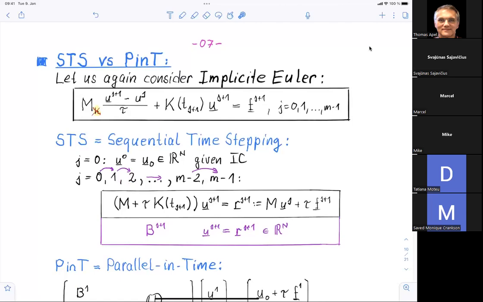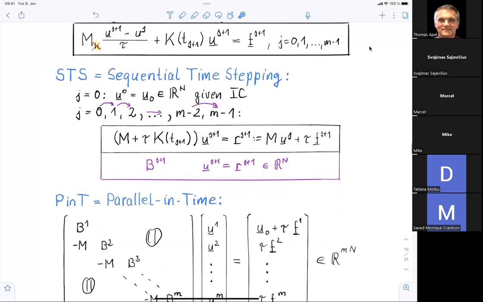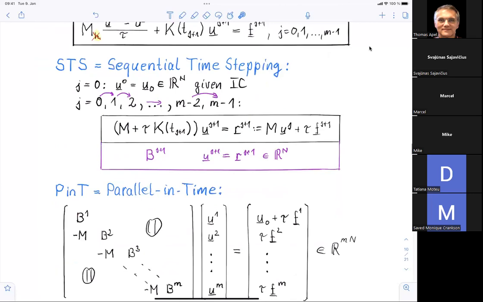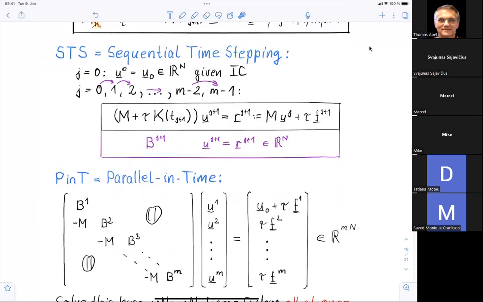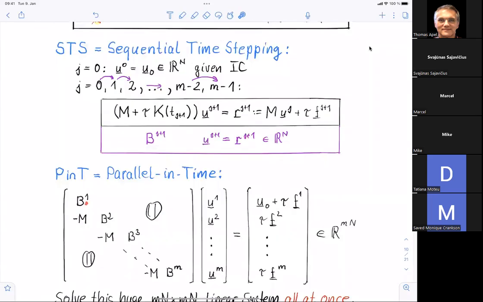When people were thinking about parallel methods in time, the crazy idea is you look at the system. So you always have this piece. If you write all these equations all at once, you have the pieces as a big system. You can do this, of course.